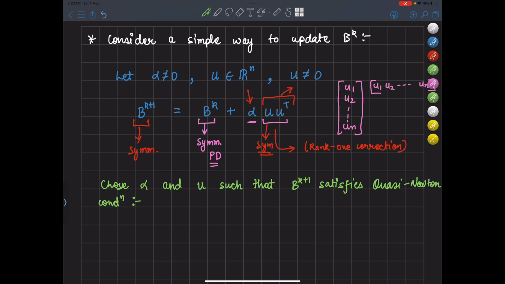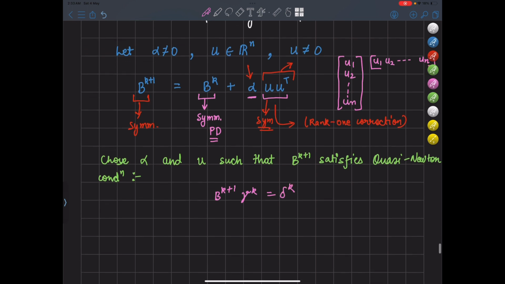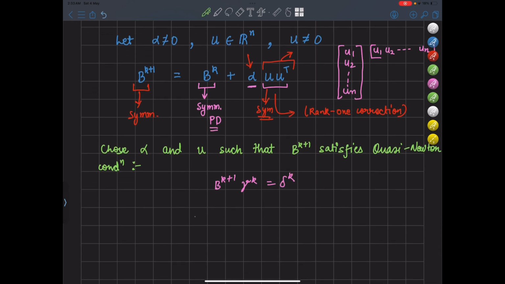Alright, so what is the quasi-Newton condition? It is bk plus 1 gamma k is equal to delta k. So what is bk plus 1? It is bk plus alpha u u transpose, times gamma k, is equal to delta k.